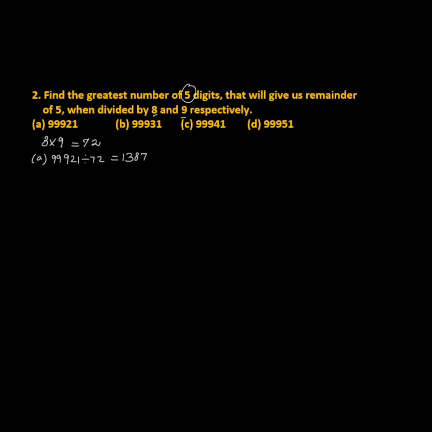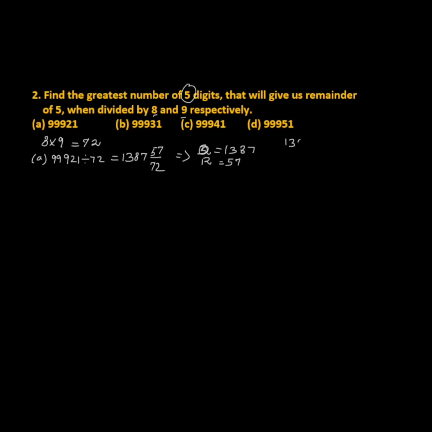When we are dividing that by 72, we are getting remainder 57. Quotient is 1387 and the remainder here is 57.